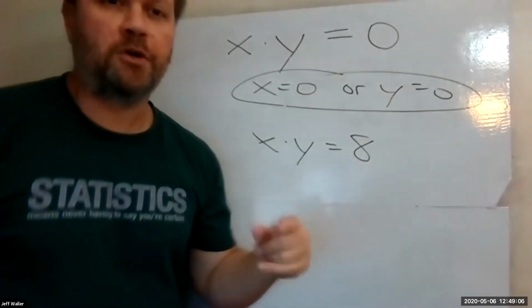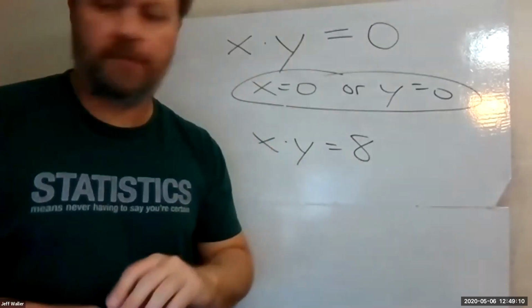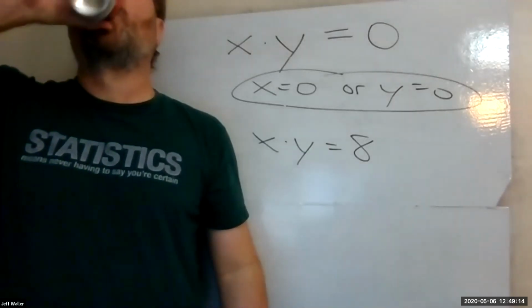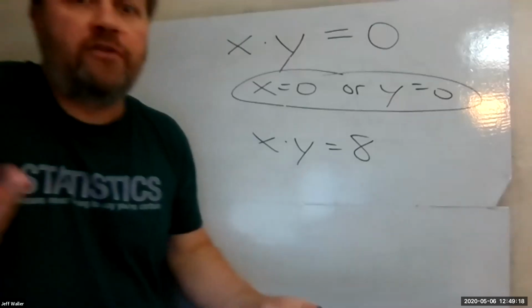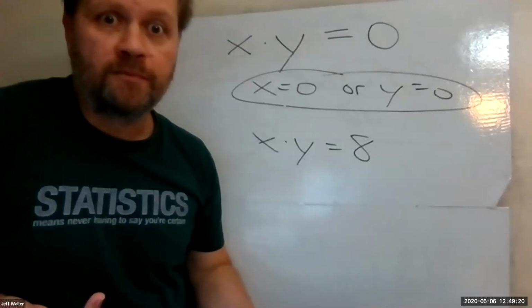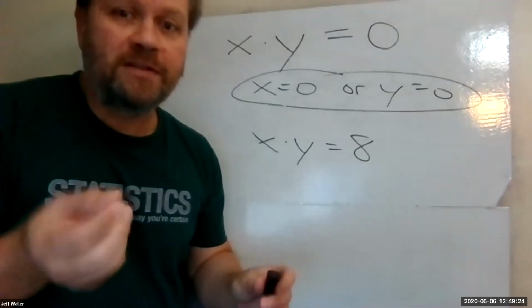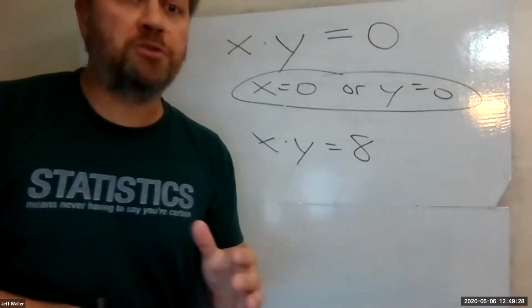If two numbers multiply to be 8, does either one of them have to be something? Does either one of them have to be 8? Think, come on, you can do it. Give me two numbers that multiply to be 8.